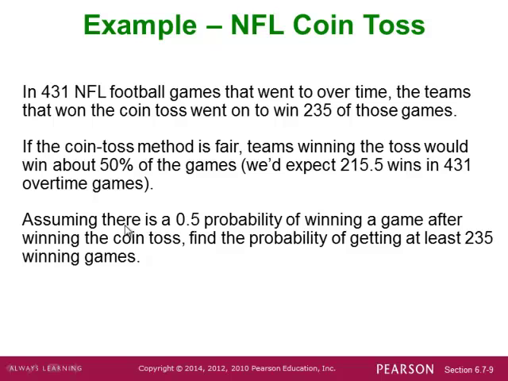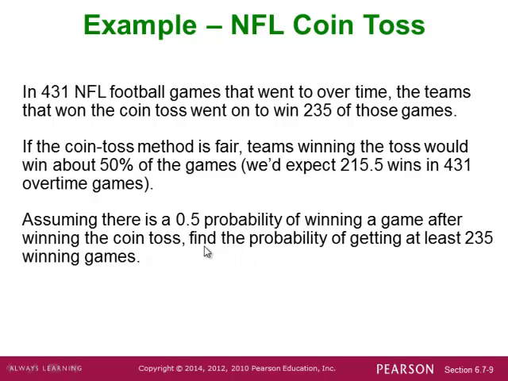Now, let's go ahead and assume, under the assumption that the coin toss is fair, meaning that, let's just temporarily assume that the coin toss does not confer a benefit, does not confer an advantage. And with that assumption goes the assumption that there's a 1/2 probability that the team that wins the coin toss would win the game.